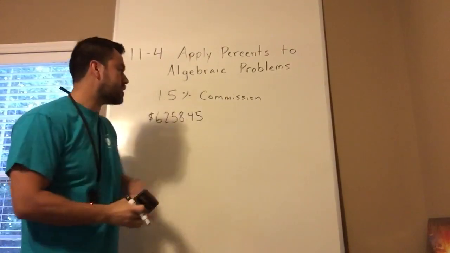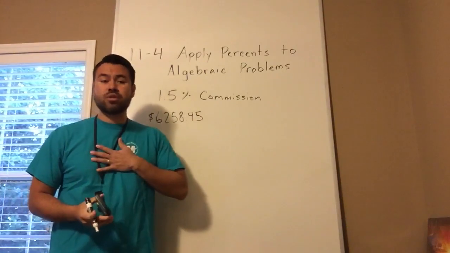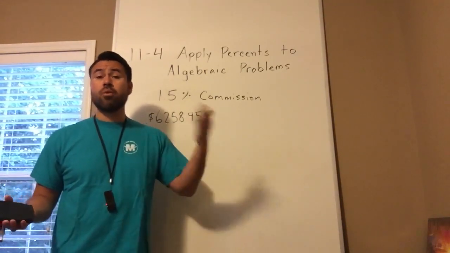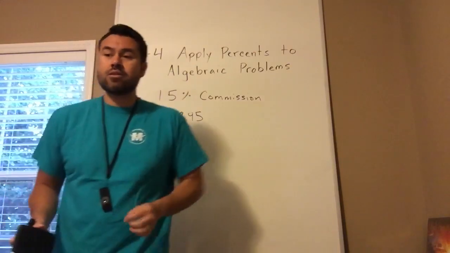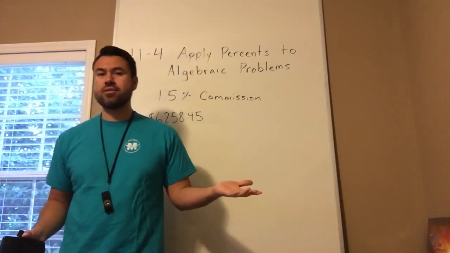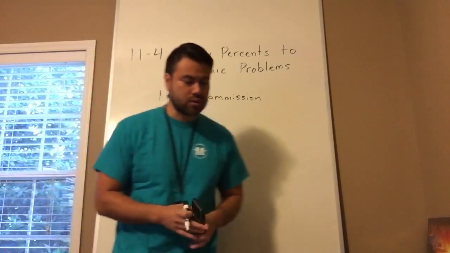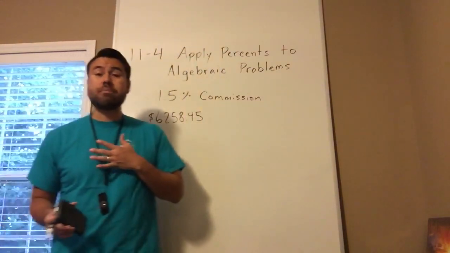And commission is basically you make a part of what you sold. So if I'm a salesperson and I sell, for example, chairs in our room, the more chairs I sell, the more money I make. And I make a percentage of the sales. So basically for every chair she sells, she gets 1.5% of that cost to the person who's buying it. So how much was her commission? How much did she make?